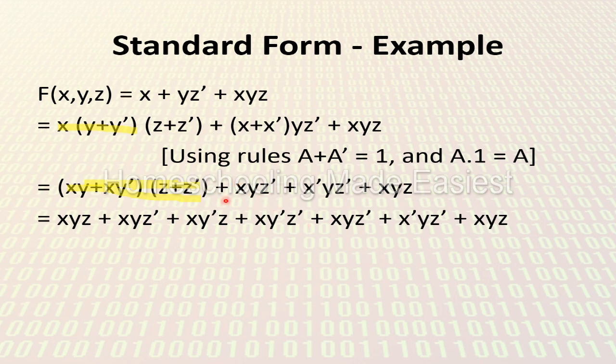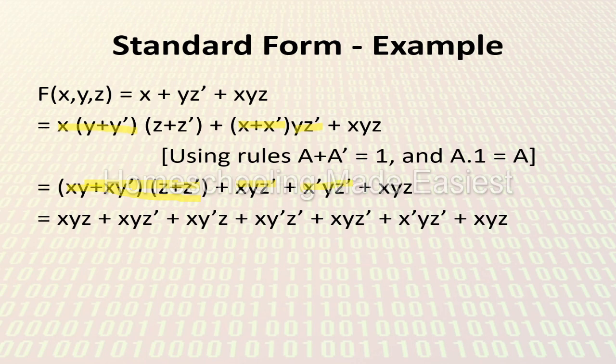In the remaining part, we also distribute this term together with this term. So x plus x complement and yz complement, we multiply them. It gives us x times yz complement, which is xyz complement, plus x complement times yz complement, which gives us x complement yz complement.